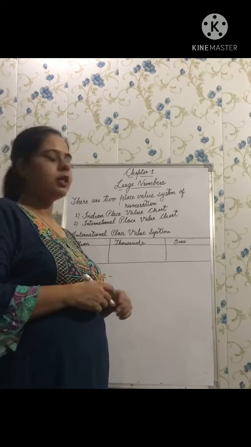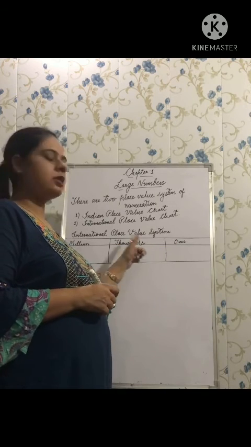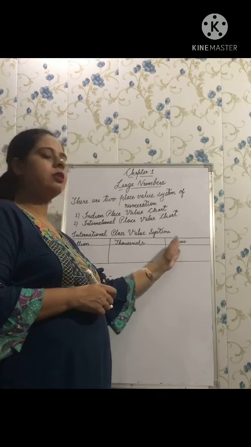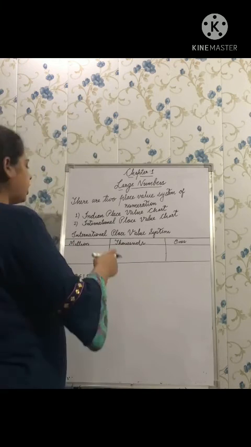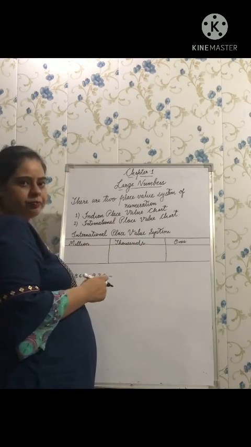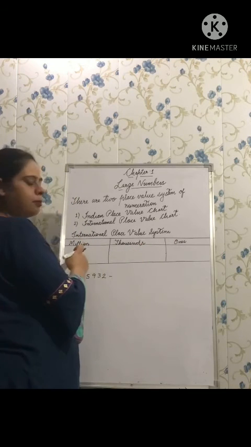As we have done the Indian place value system, there were 4 periods which were grouped in different place values. But now in the international place value system, there are ones, thousands, millions.